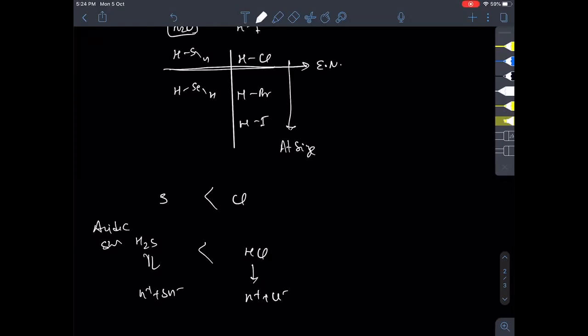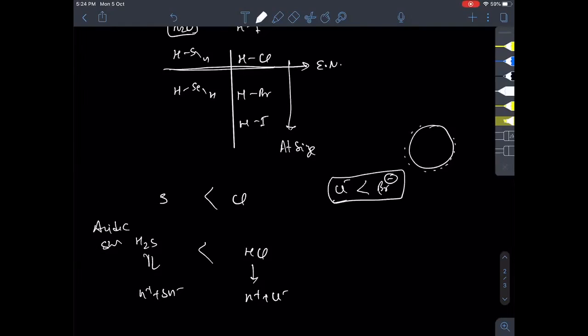So your Br minus is more stable as compared to Cl minus, in terms of conjugate base stability. With a bigger size of the atom, the electron density will be very less per unit charge, partial minus, partial minus, partial minus.